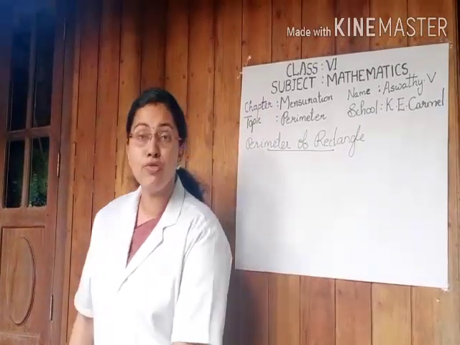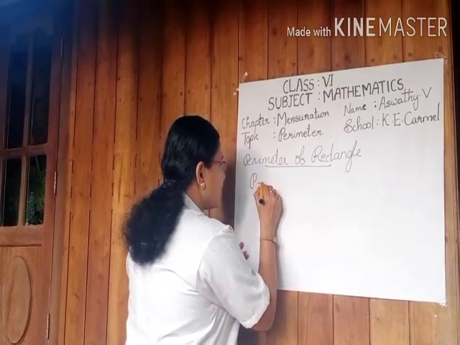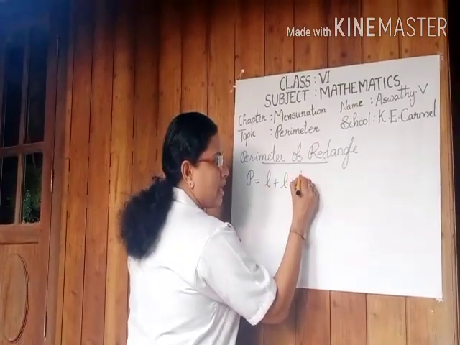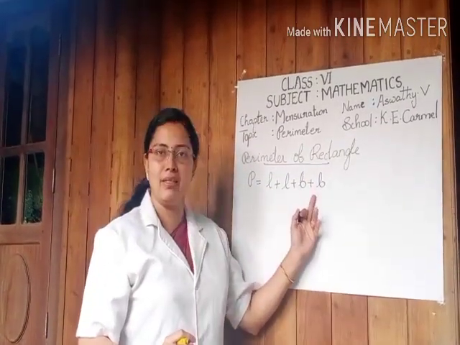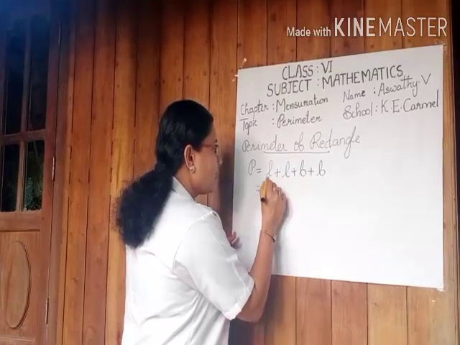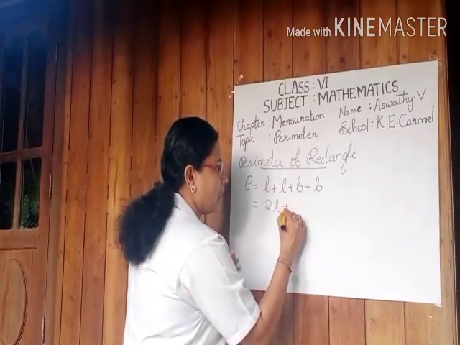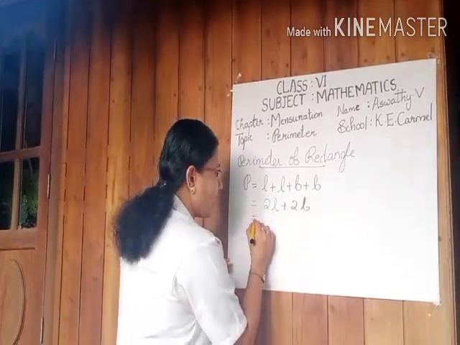So, if you want to find the perimeter of a rectangle, perimeter P is equal to L plus B plus L plus B. L is the length and B is the breadth. So, we can write it as L plus L, 2L, B plus B is 2B. So, 2L plus 2B, we can take out 2.